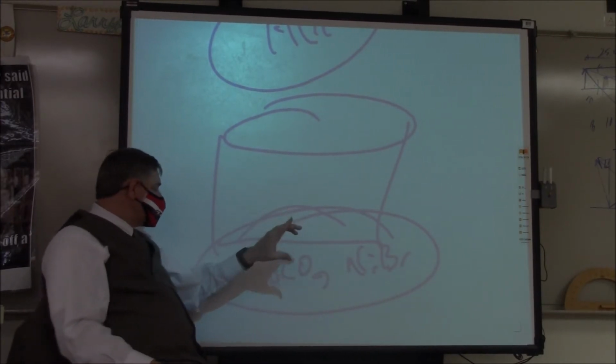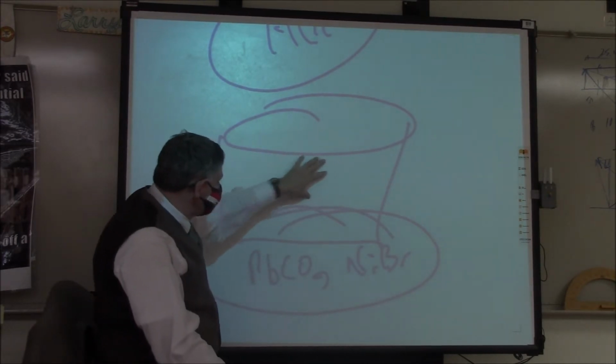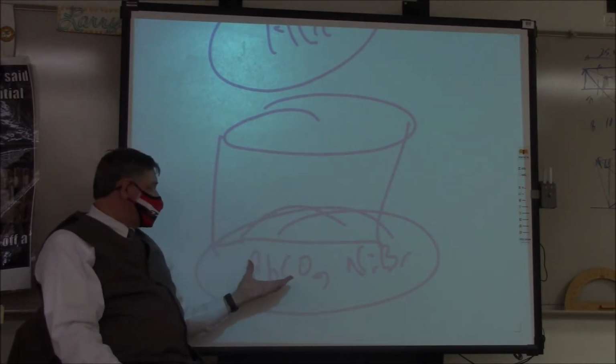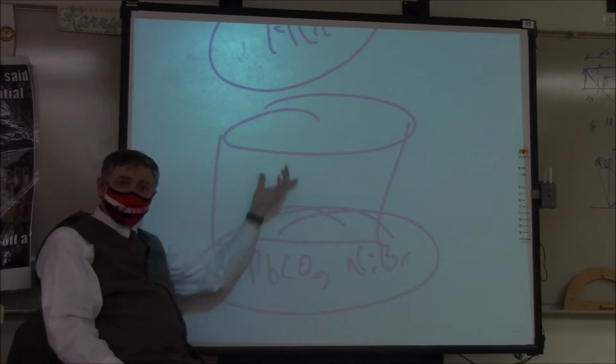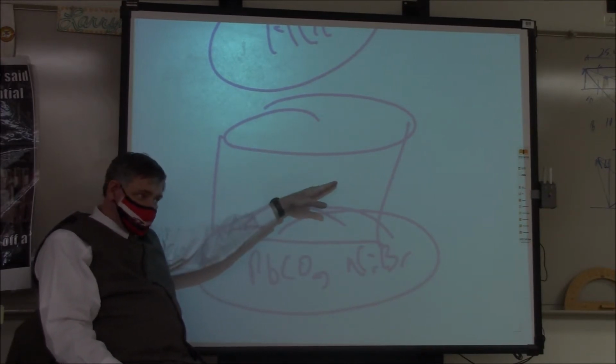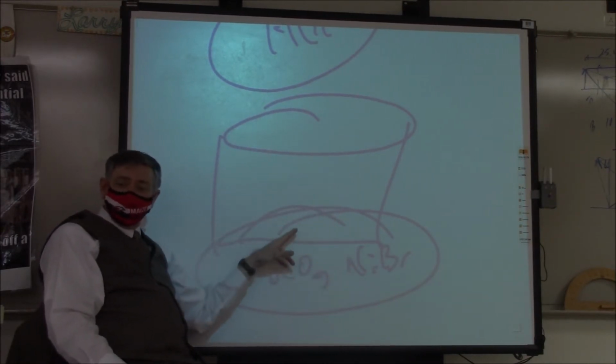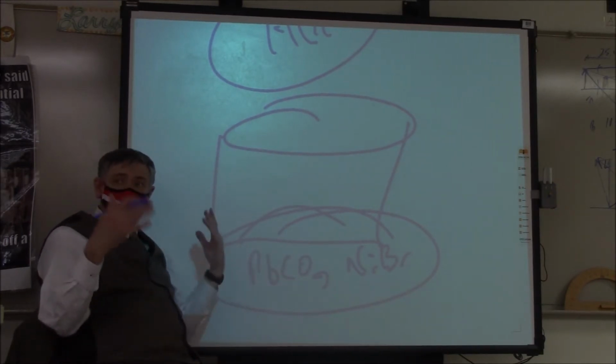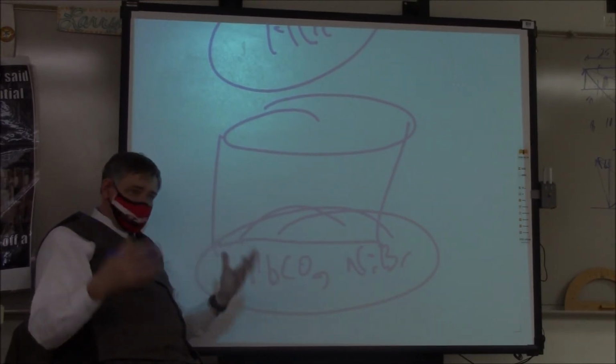So what you would see in that solution up here is that the lead carbonate would dissolve, so that would go into the solution. The nickel bromide would remain as the precipitate. So that's how you can separate two different precipitates.